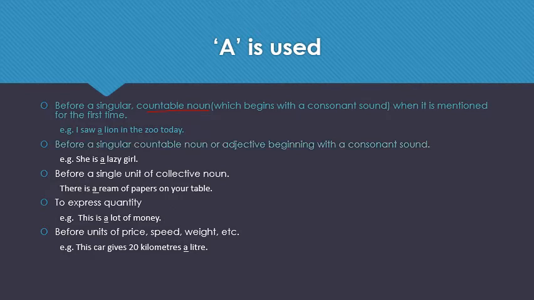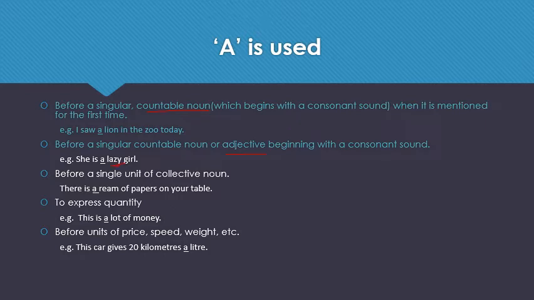It is used before a singular countable noun or adjective. Initially I told you that it comes before the noun. But if there is an adjective describing the noun, it comes before that. Like she is a lazy girl. Now lazy is not a noun, lazy is an adjective.